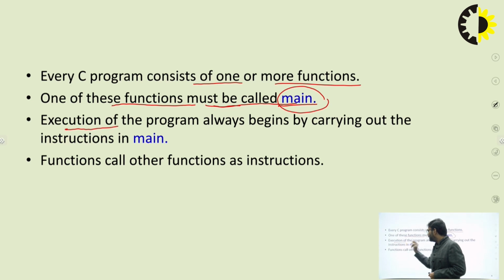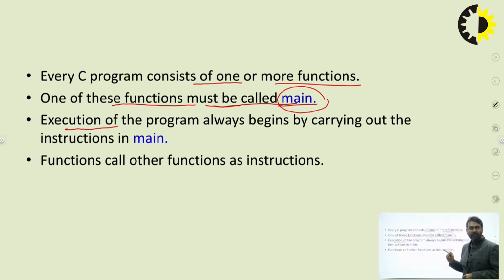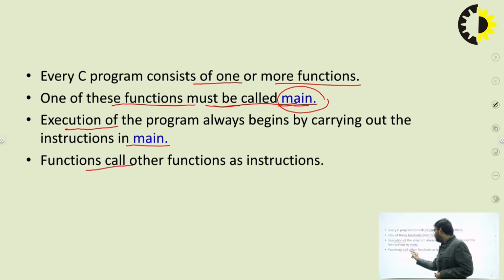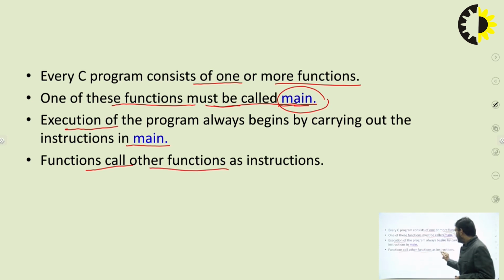Every program in C must have a function named main, and the execution of the program will start from that main. If we want to call a function, we can perform a function call from another function as an instruction. We will discuss this in detail in the next slide.